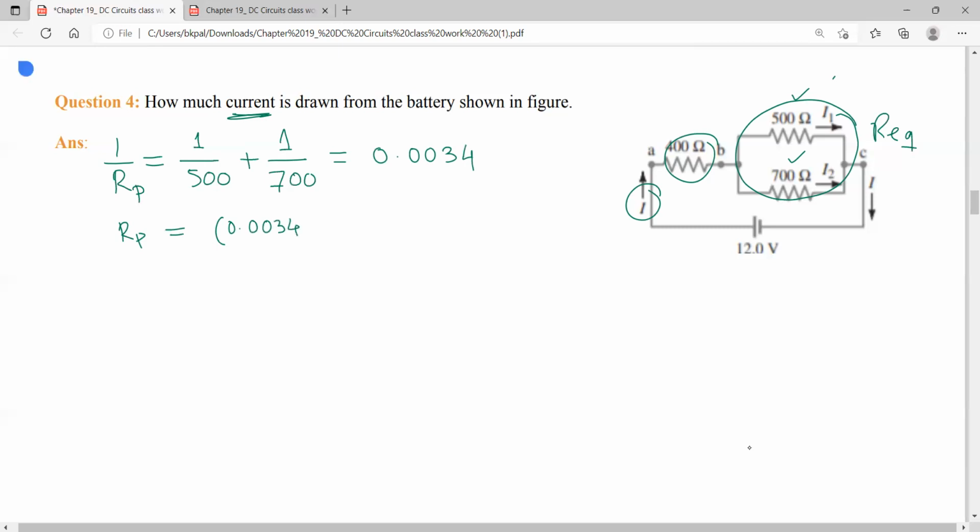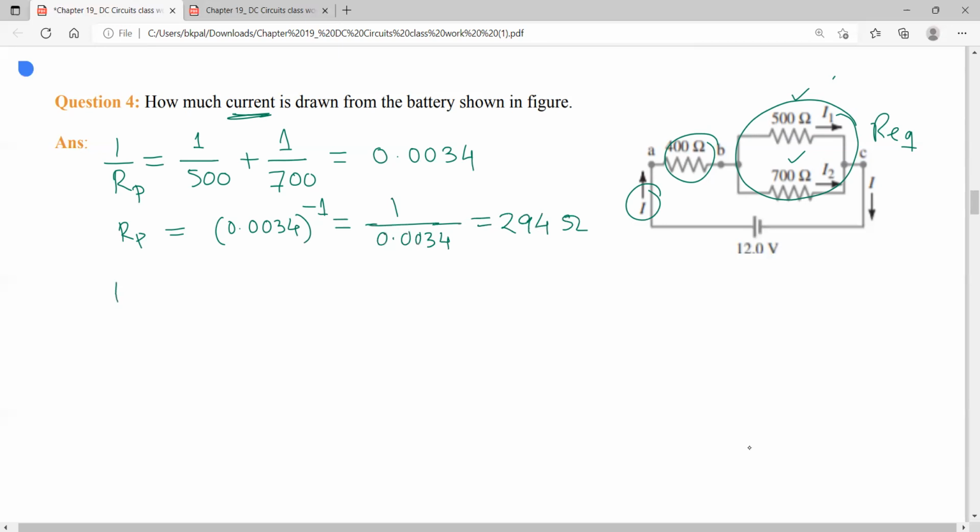You can just do 1 over 0.0034, and that gives me 294 ohms. So the parallel combination's equivalent resistance between 500 and 700 is 294 ohm.